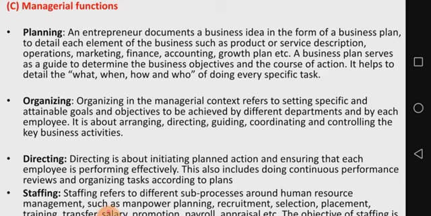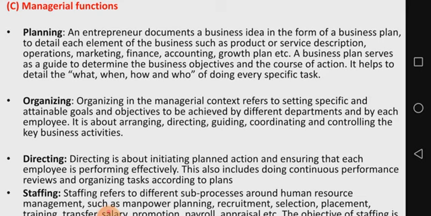Now, please understand that managerial functions is all about managing your business. You have the idea you want to apply to your business. You know what kind of business you want to own, where you want to own it, and what kind of audience you will have.